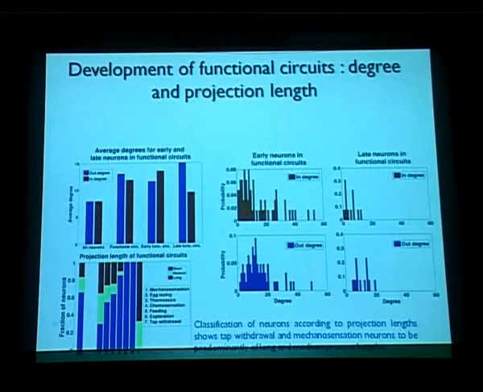This has been dissected out much more in these 4 panels. Again, we have dissected out into in degree and out degree with early neurons and late neurons. Particularly noticeable is that in the late neurons, this tail end is missing. So basically, we are showing here the probability of early neurons having a larger number of degree, and we find that the early neurons have a very high probability of having a large number of connections.